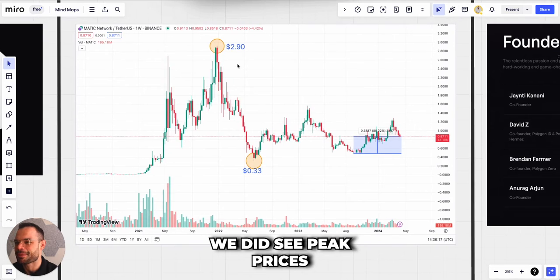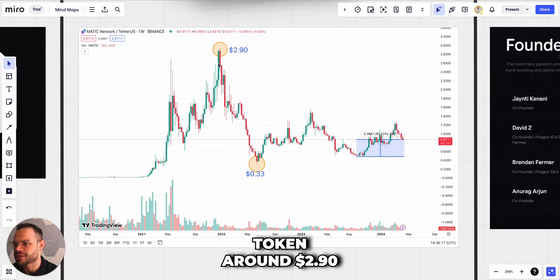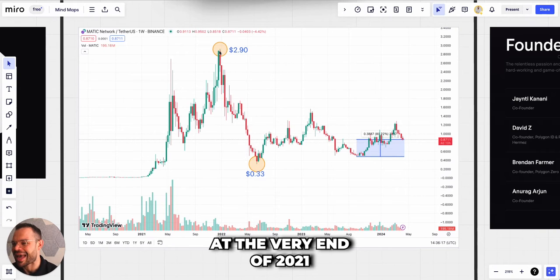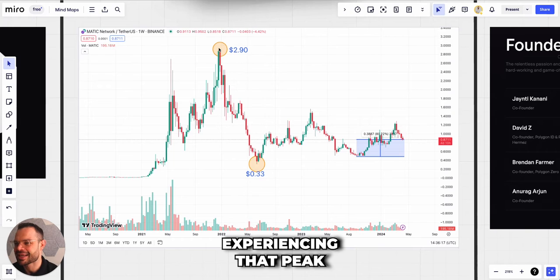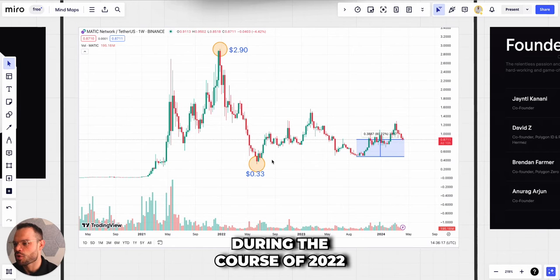We did see peak prices for the MATIC token around $2.90 at the very end of 2021 when we were experiencing that peak of the last bull cycle. We did see a very sharp drop off during the course of 2022 and the first half of 2022, going all the way down to 33 cents before having a little bit of a jump again up above the $1.40, $1.50 mark.